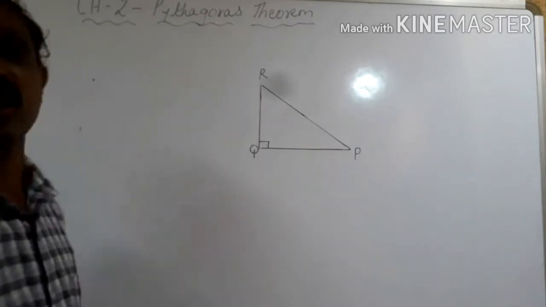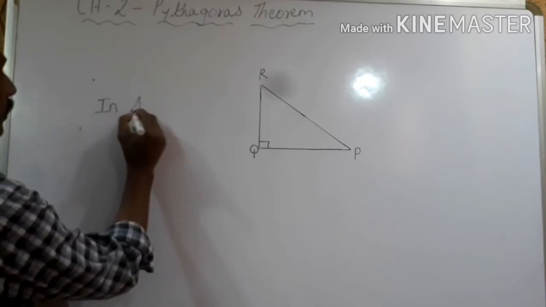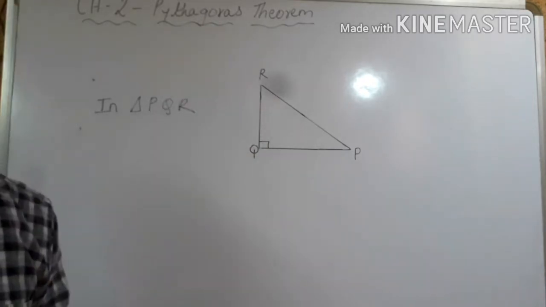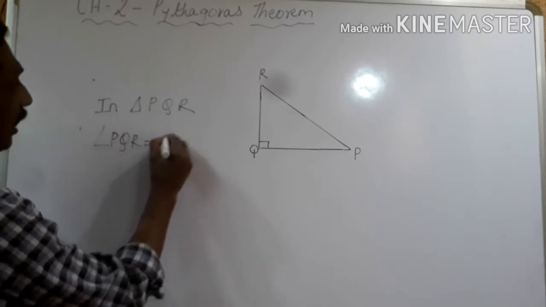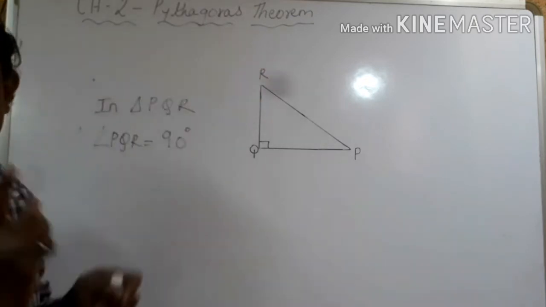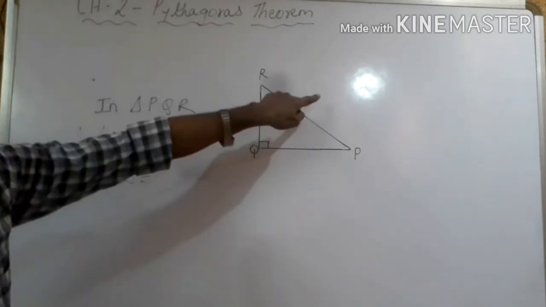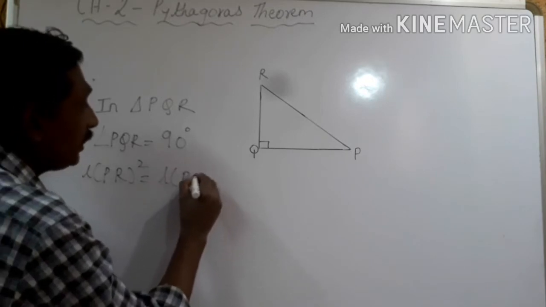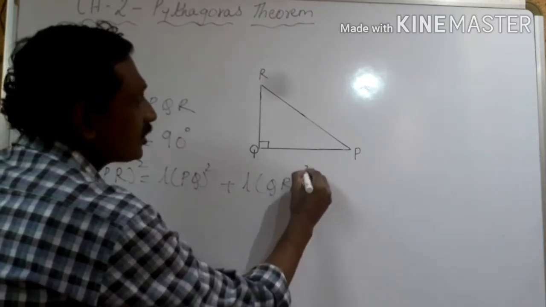Let us consider this triangle PQR. In triangle PQR, angle PQR is equal to 90 degrees. Now length of PR square, that is the hypotenuse square, is equal to length of PQ square plus length of QR square.